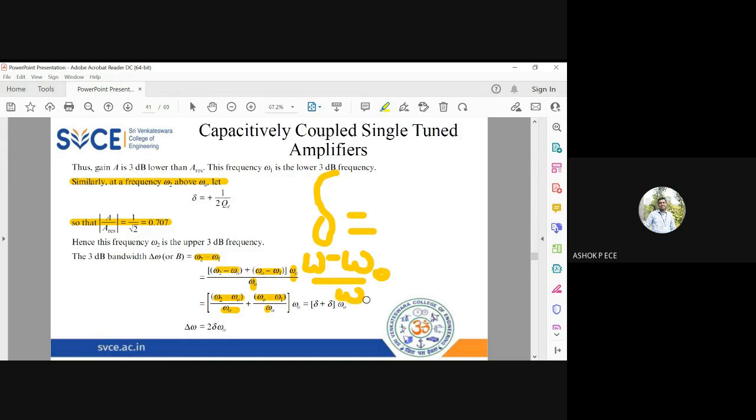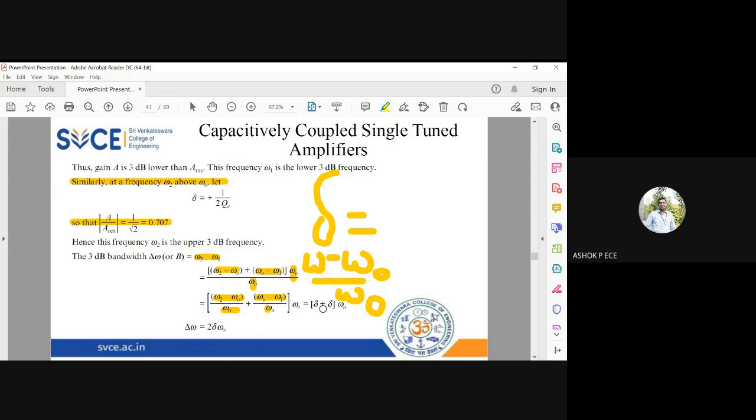So wherever you find a difference from omega naught divided by omega naught, that will be replaced by delta. First term, omega 2 minus omega naught by omega naught, is delta. Second term, it should also be omega 1 minus omega naught, right? No, because omega 1 is less than omega naught, so the expression will slightly change. It will be omega naught minus omega 1 by omega naught. That is also equal to delta.